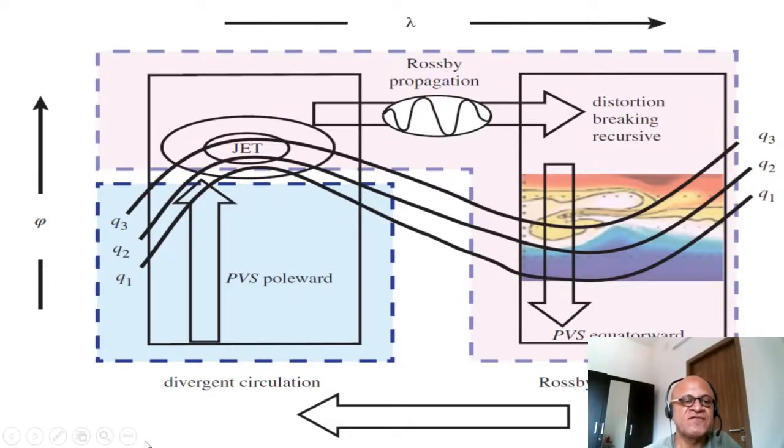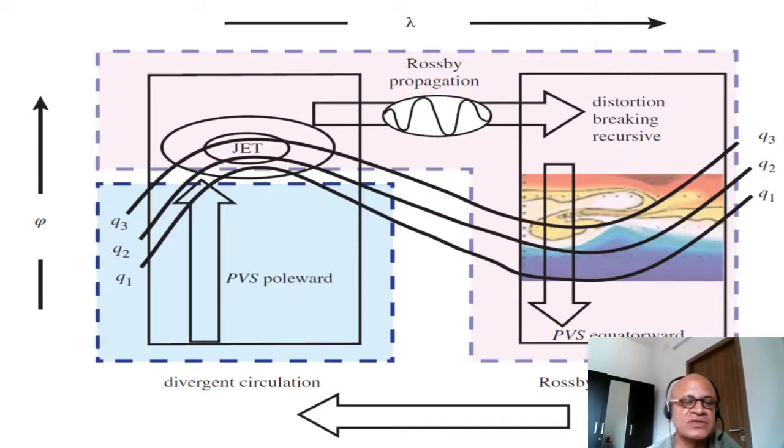So here is a brief. That's latitude. This is longitude. So you have tropics, heating, divergent circulation, and you have the Rossby wave propagations. You have these different potential vorticity substance contours, let's say, and here is the Rossby wave dynamics in the mid-latitudes.